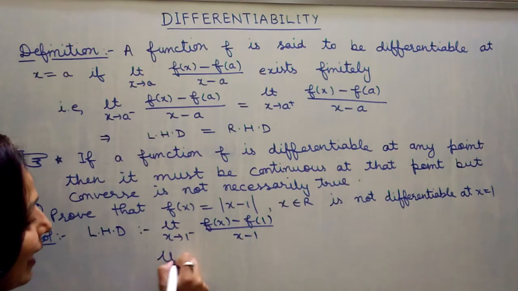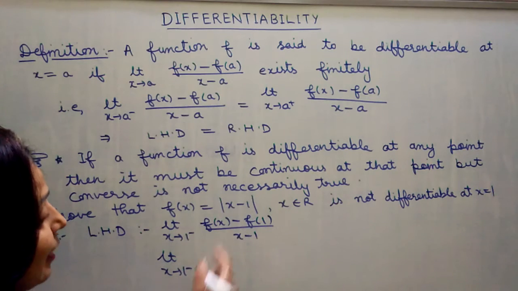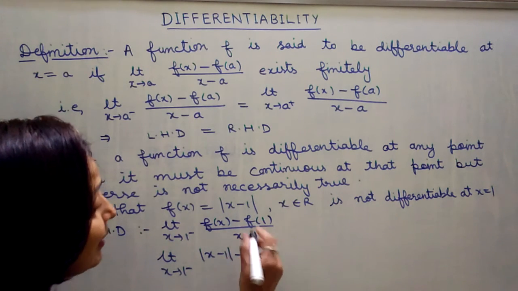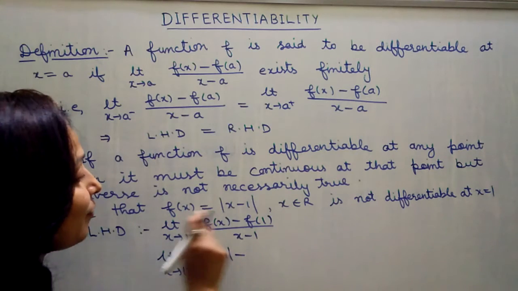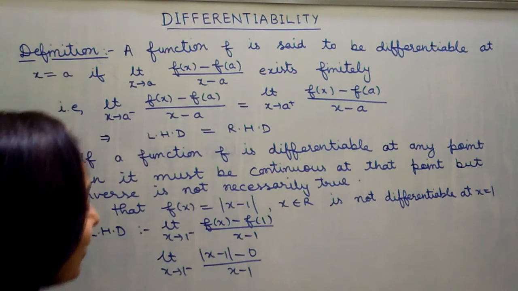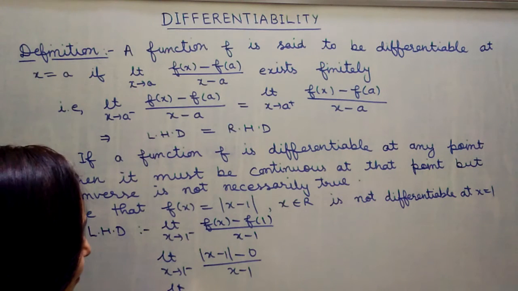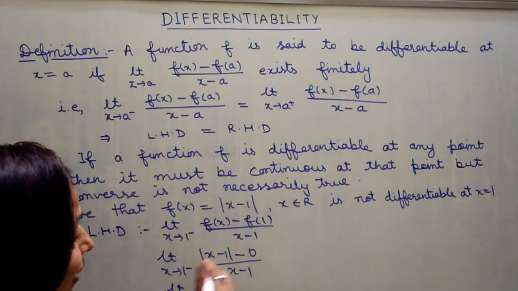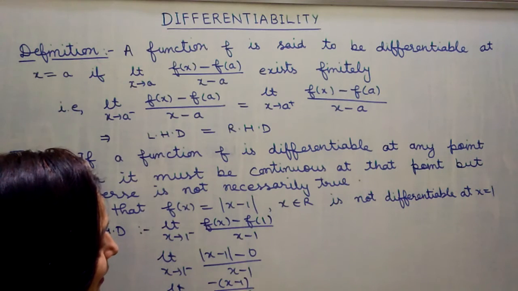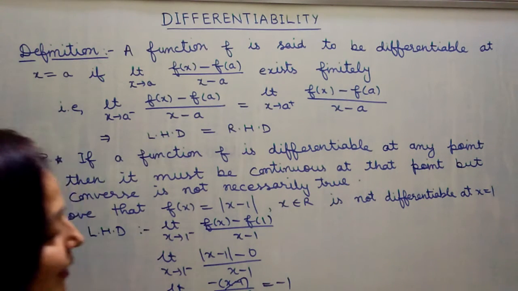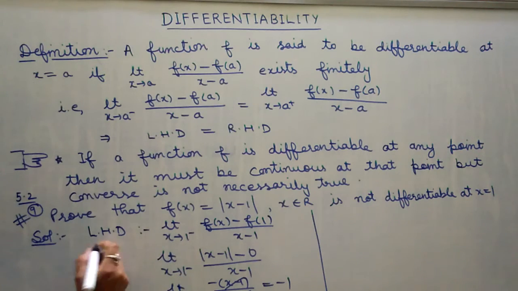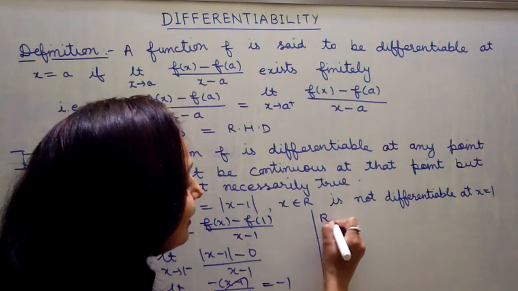This is equal to mod(x minus 1) minus, when you put 1 in place of x, 1 minus 1, that is 0, upon x minus 1. For x approaching 1 negative, the function is negative (x minus 1) upon x minus 1, so this and this cancel, and we get negative 1. This is the left hand derivative.